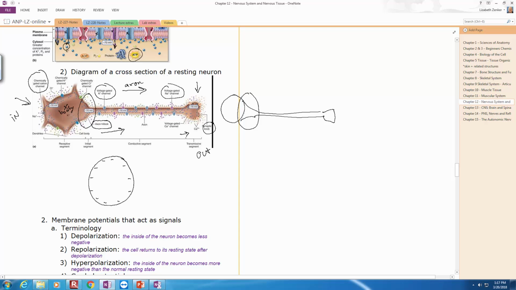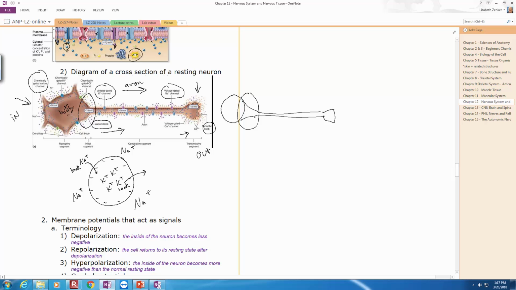We know that we have the sodium leak channels that are allowing sodium to go where? Leaking in, so we'll say leak on that one. And we also have potassium leak channels that are allowing potassium out, because we know we have more potassium on the inside of the cell. We have way more sodium on the outside of the cell.